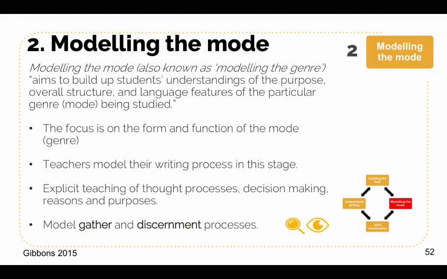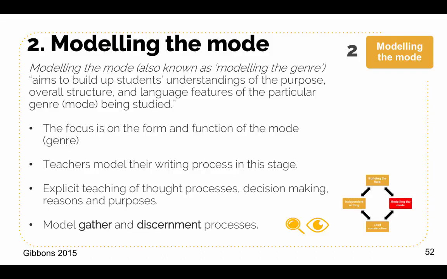So once we get past the field being built, we want to model the mode or model the genre. And this is aiming to build students' understanding of purpose, of the structure that they're going to be writing in, and the language features of the genre that is being focused on. So we've moved from the subject to explicit conversation about what they are going to create.